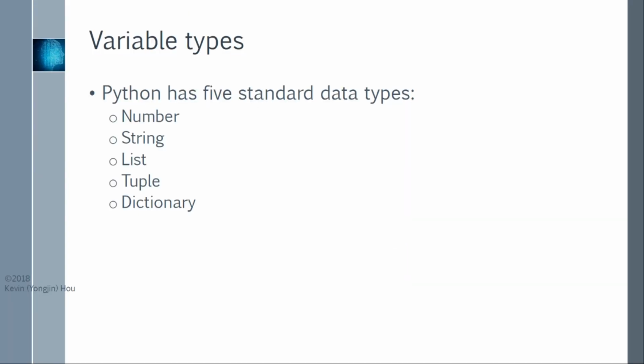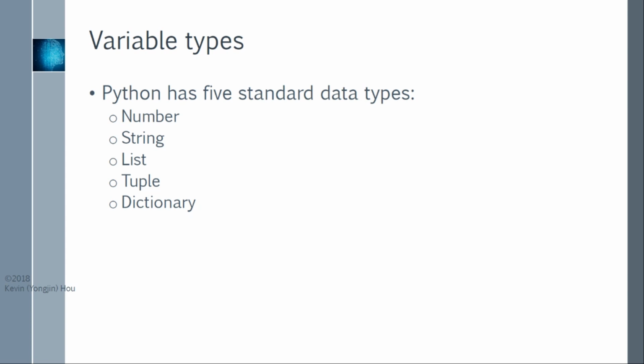Now let's move on to the next topic, variable types. So first, what is a variable? Variables are reserved memory locations to store values. When you create a variable, basically you reserve some space in the computer's memory.